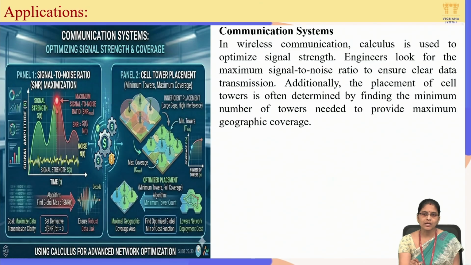In cell tower placement, we have to optimize the signal strength and the maximum signal to noise ratio to ensure clear data transmission. The placement of cell towers is often determined by finding the minimum number of towers needed to provide maximum geographic coverage. If the placement is inefficient, it gives large gaps and high interference, so we have to take minimum towers for maximum coverage.